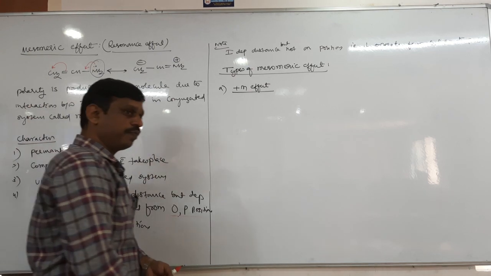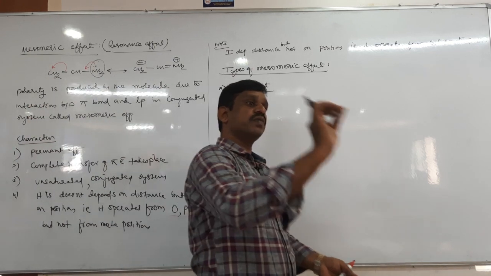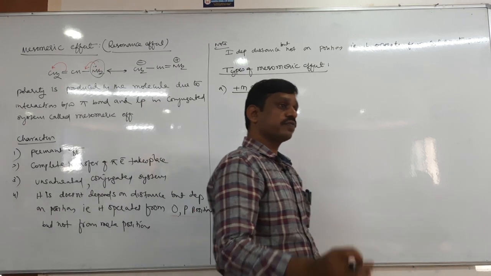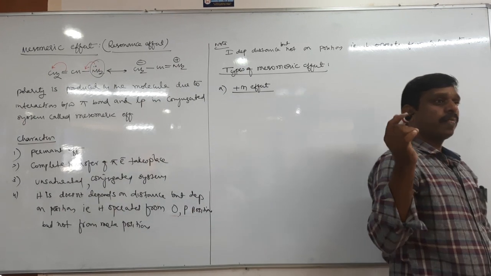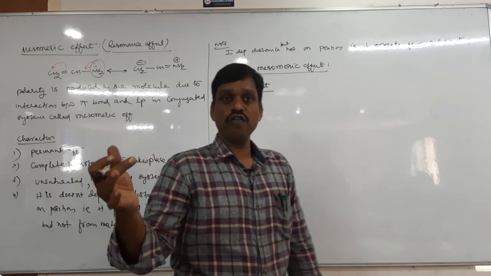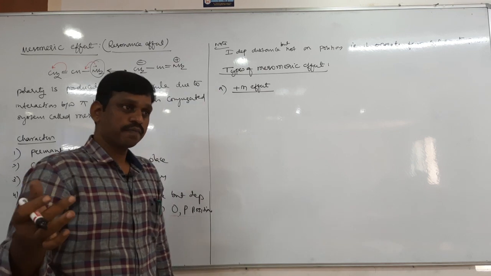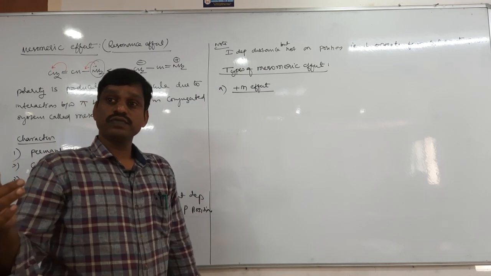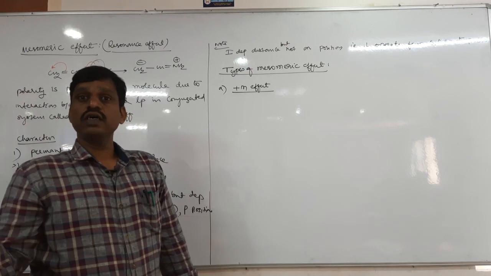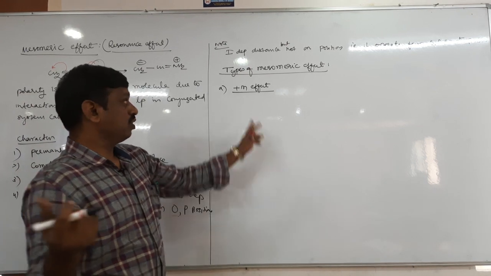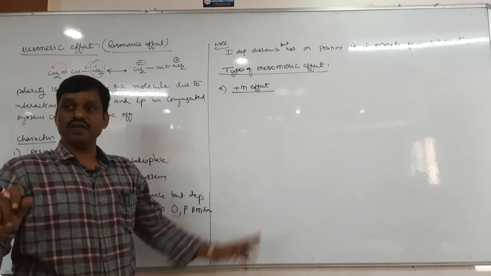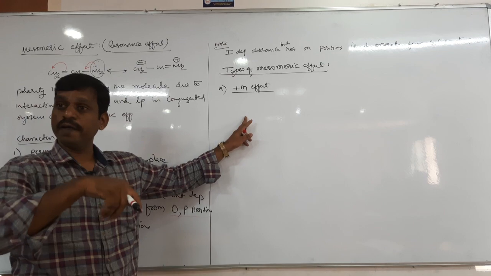Okay, and tell me, plus M effect is exactly similar to plus I effect. Do you remember what is plus I effect? The displacement of sigma electron away from the substituent is plus I, towards substituent is minus I. Okay, then plus M is the same. Here is displacement of pi electron, there sigma, here is pi.